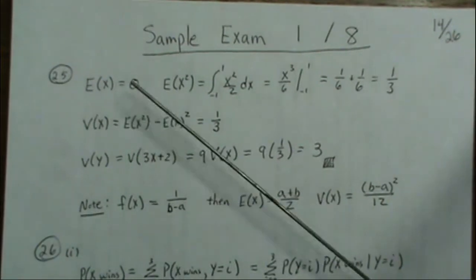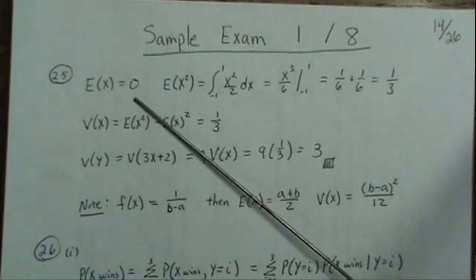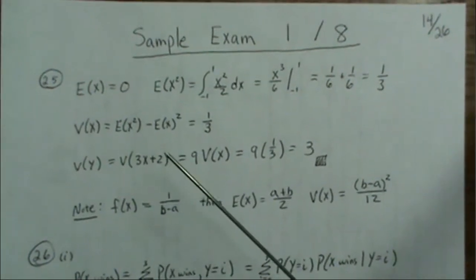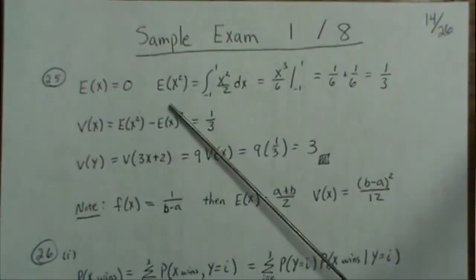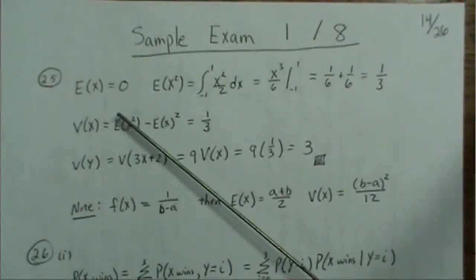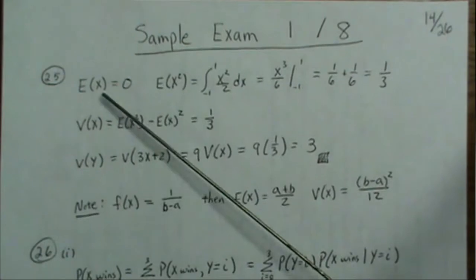So, well, let's find the mean of x, which is 0. It's a symmetric distribution from -1 to 1, so that has to be it.